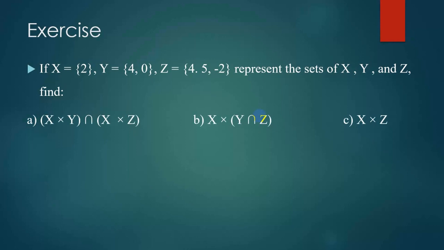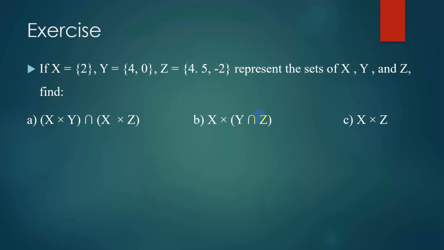This is an intersection operation between two sets. What are these two sets? The first set is the Cartesian product x cross y. The second set is the Cartesian product x cross z, meaning that we are supposed to find in the first place x cross y and x cross z. Then we have to find the intersection between them.